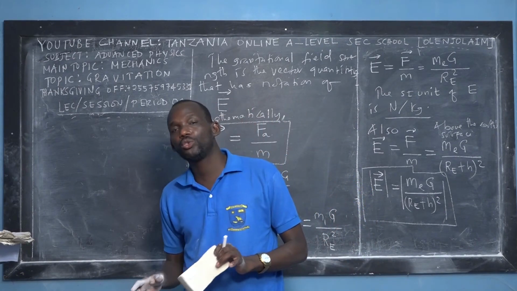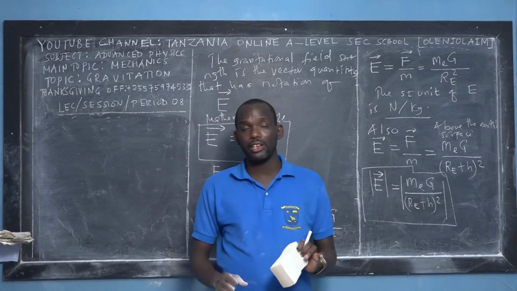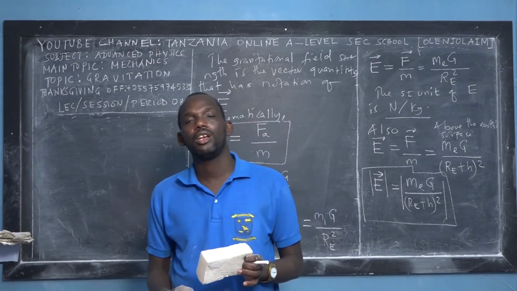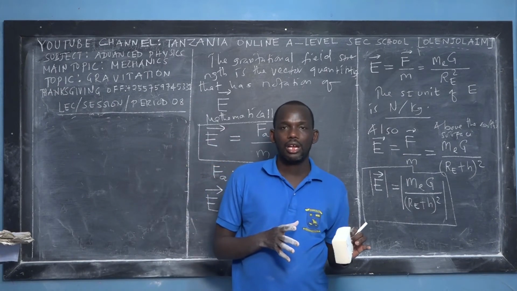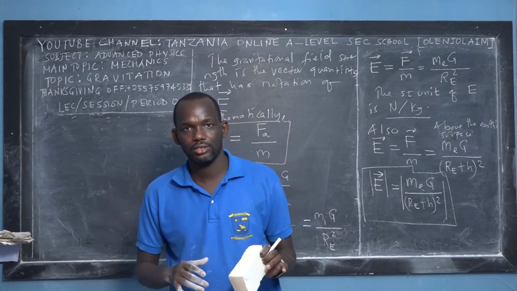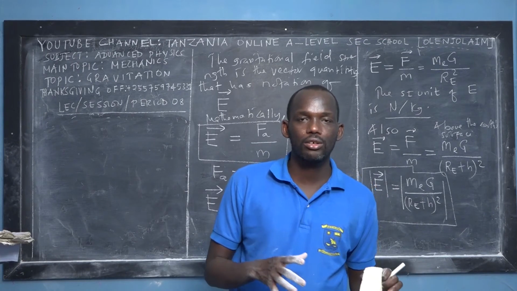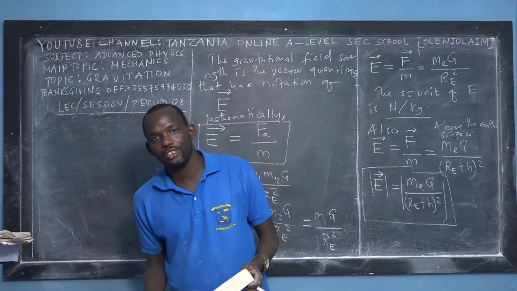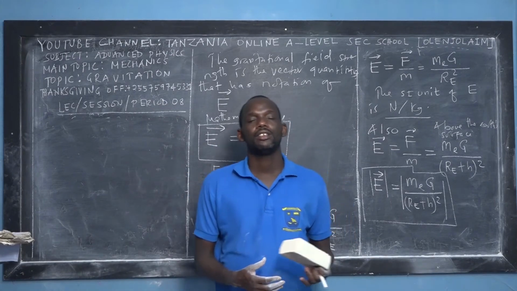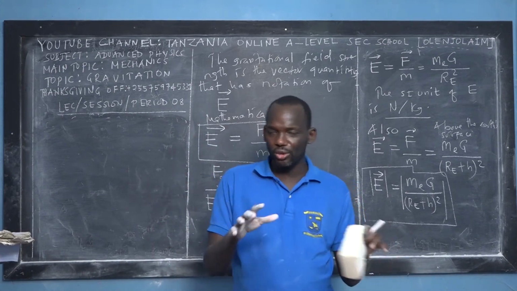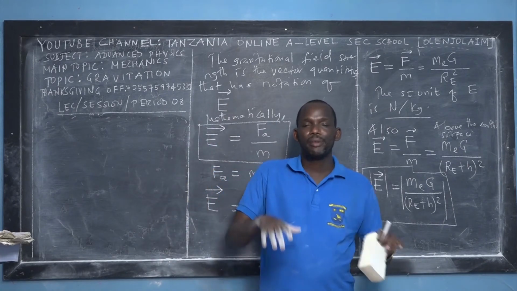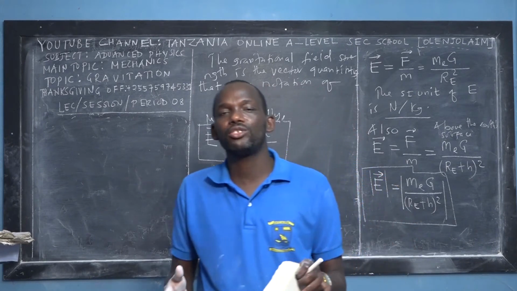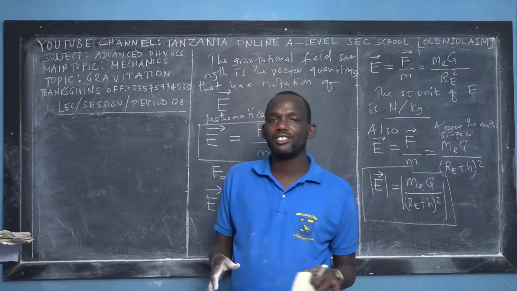So now I would like to teach you, that's why I've given you a solid foundation, an introduction of what I am going to teach you. Now I would like to teach you how physicists derive the formula that will help us to know the work done required to take a satellite from the regions where there's no Earth's gravitational field to the regions where there is a gravitational field.